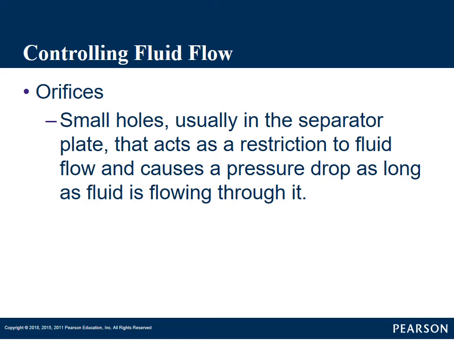If there's not fluid flowing through that circuit, say there's just residual pressure in that circuit, or once that pressure equalizes, and we'll see that in a picture here coming up, then the pressure is the same. But as it flows through that orifice, there will be an initial pressure drop. Okay? That is how we can help control fluid flow.